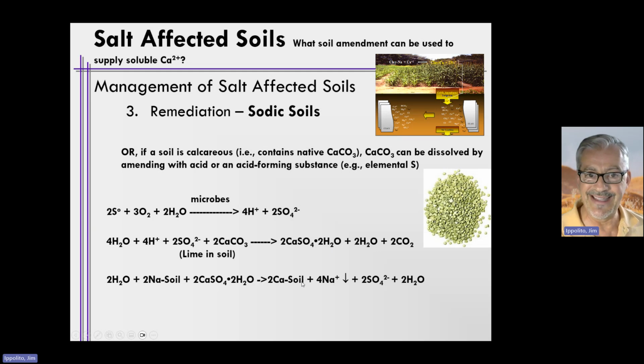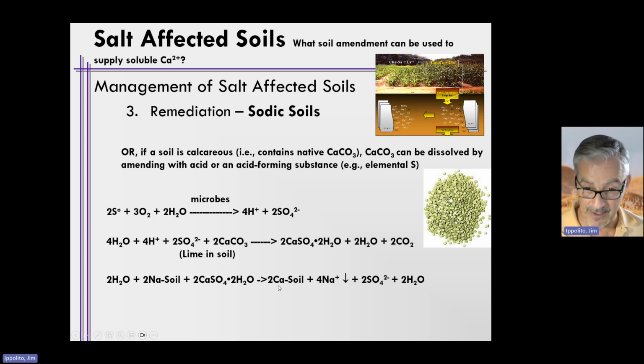And then the next reaction is basically identical to the reaction that was on the previous slide that I fast forwarded through. Water reacts with the soil that contains sodium on the exchange sites and in the presence of gypsum, which dissolves and releases calcium to exchange with sodium on the exchange sites.